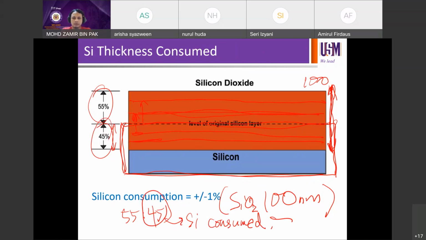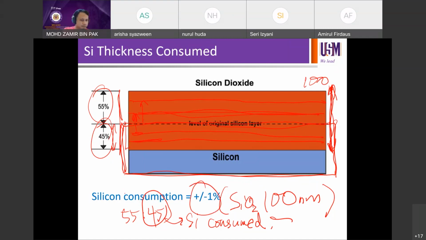You get the whole oxide thickness, but you consume silicon thickness on the surface to be able to grow the oxide. If you want to see why it is 55-45, we have one calculation in the book, but this one shows 44-56, so there is a plus minus.